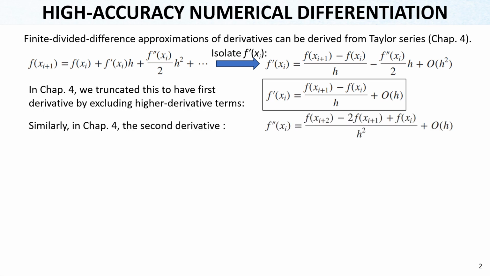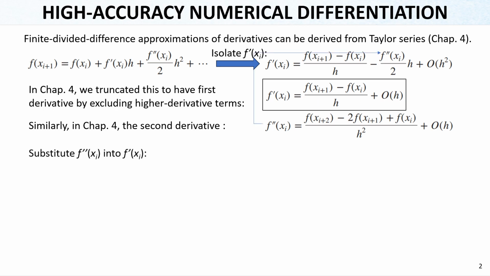And for the second derivative, simply we isolate from here the second derivative. Then we are getting, for example, this function, which has three terms. In the first derivative, we need two known function values at two x values. In the second derivative approximation, we need three function values and three terms.